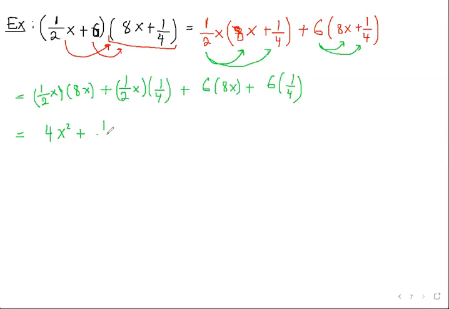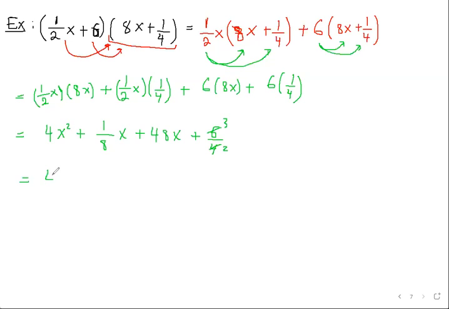This is equal to 1 over 8x, plus 6 times 8 is 48x, plus 6 times 1 over 4 is 6 over 4. I can simplify this by dividing by 2. 3 over 2.